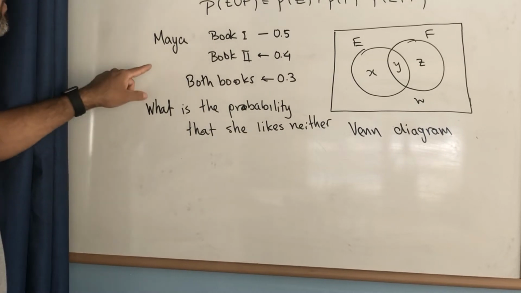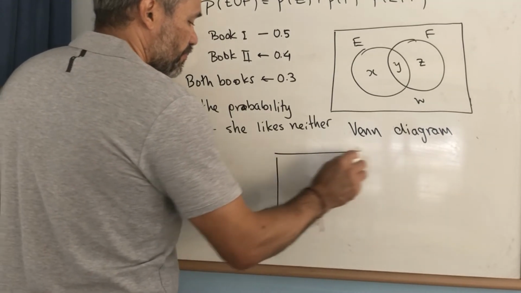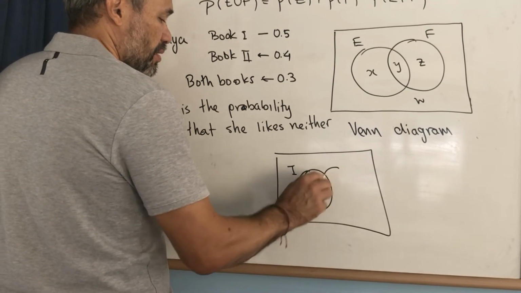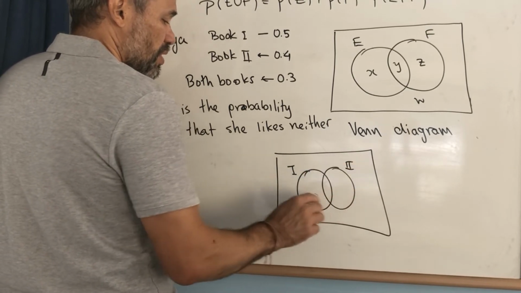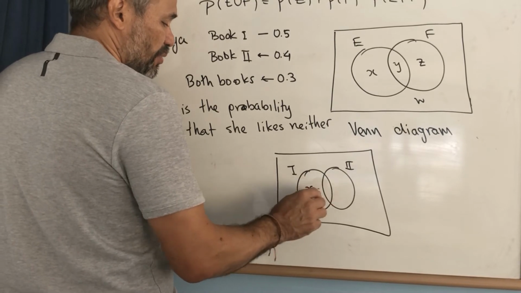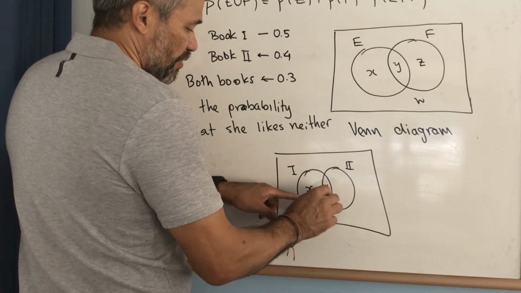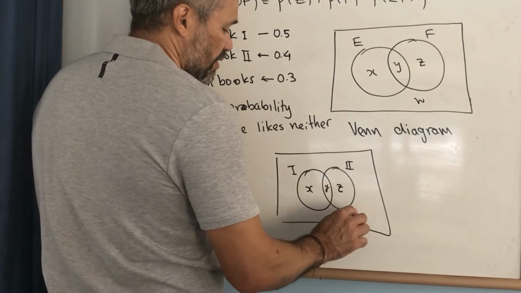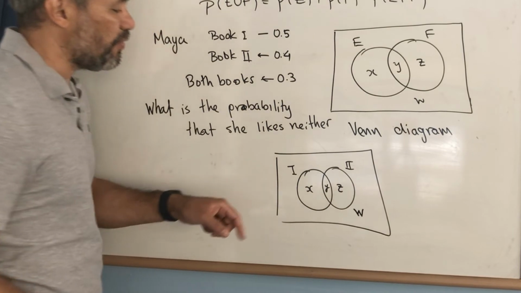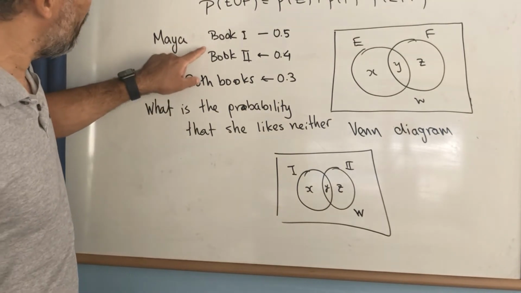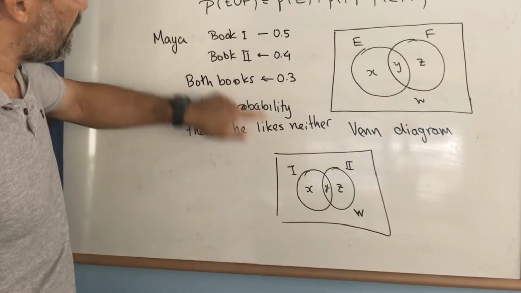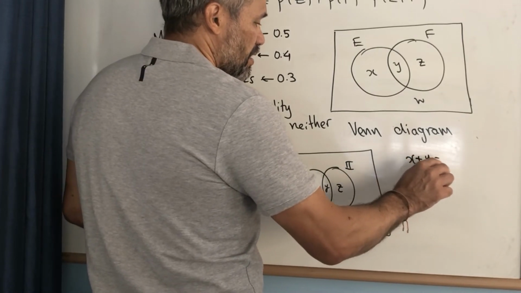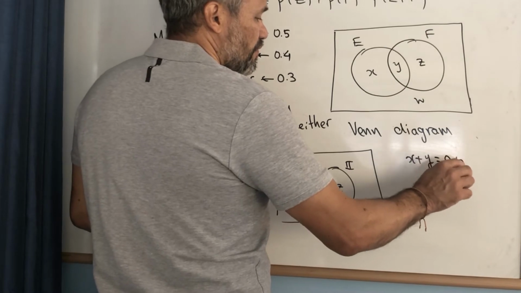In this case, if we do the Venn diagram, this is book 1, this is book 2, and then we have that the probability of this region is X, the probability of this region is Y, the probability of this region is C, and the probability of this region is W. Then in this case, for book 1, we have that X plus Y must be 0.5.